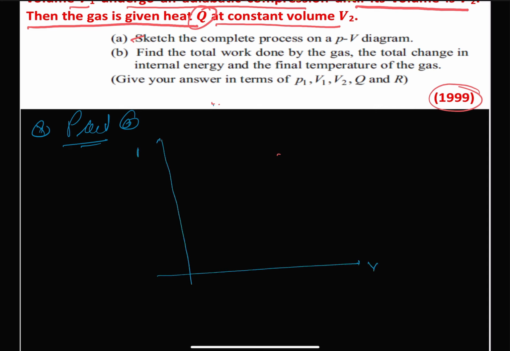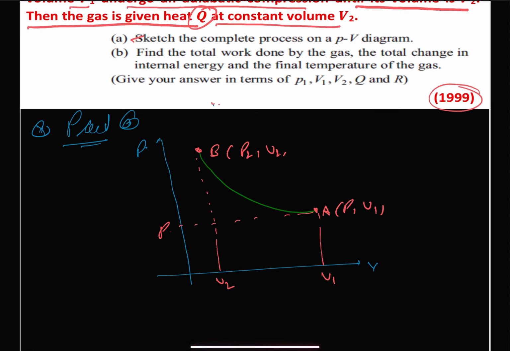Volume, pressure, and we have A with P1 V1, B with P2 V2, V2 and V1, and this is our P1 and P2.